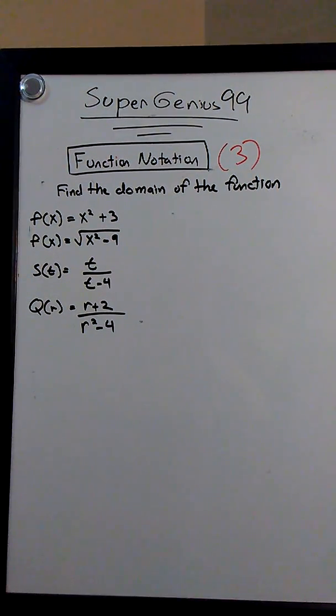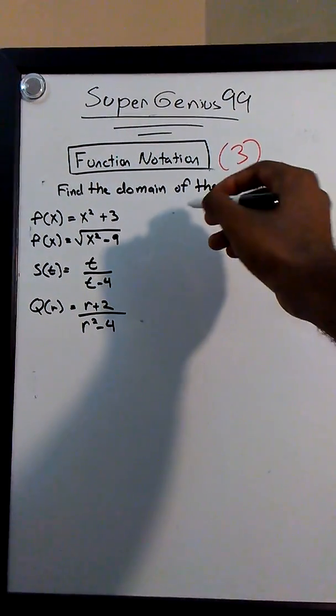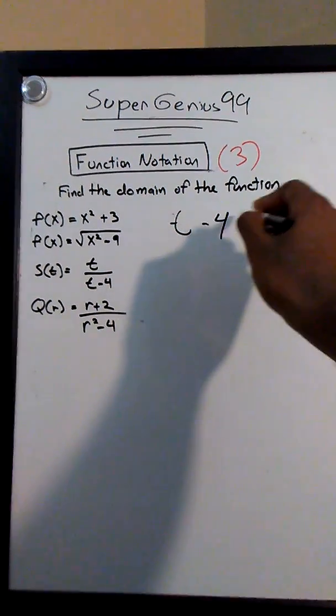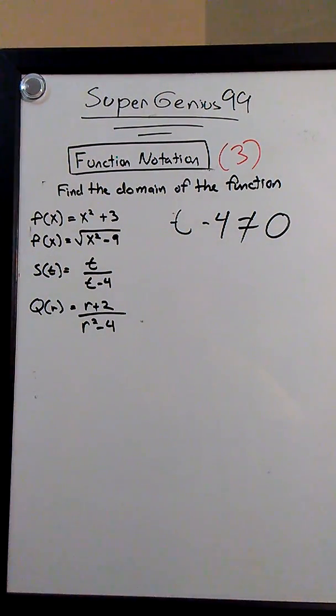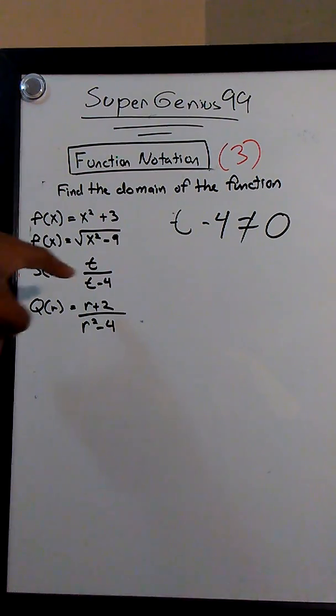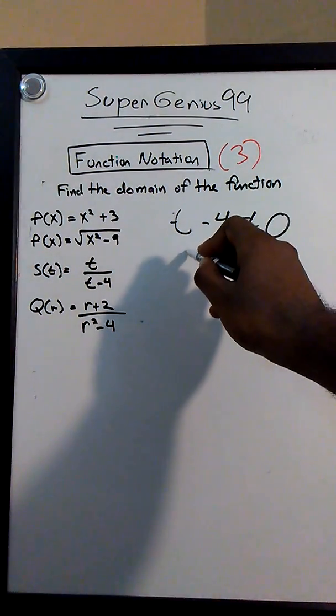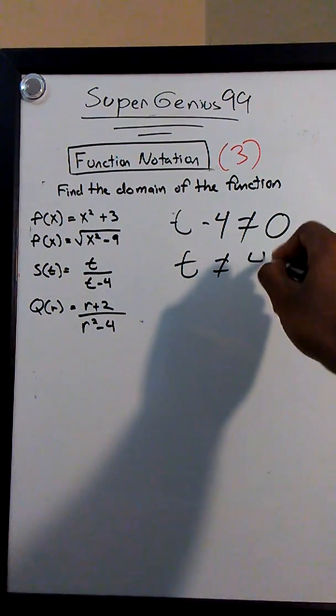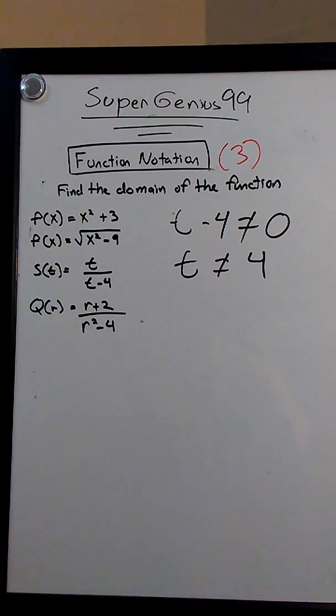Okay, next, what is the domain? Of course, this is t, it's not x, but what is the domain of t over t minus 4? We just have to ask ourselves, do we have radicals or denominators, fractions? Yes, we do. So we have to make sure our denominator does not equal 0. So t minus 4 does not equal 0, and the only way this can equal 0 is if t equals 4.